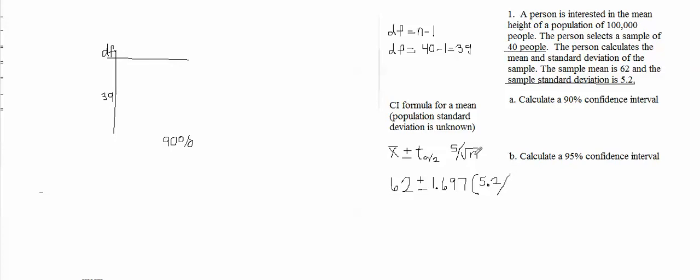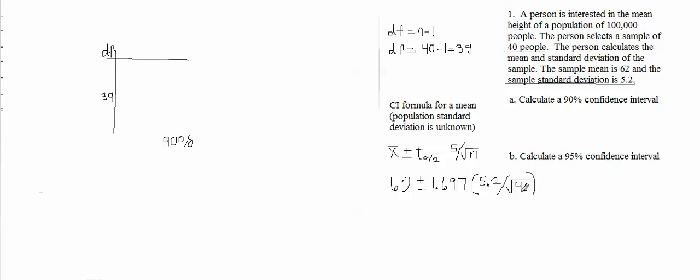Then the square root of the sample size. Well, n is 40 because we have a sample size of 40 people. The person is using a sample of 40 people, so n is 40. n is just the number of people in the sample. So what we do now is we just do the same steps we did last time.